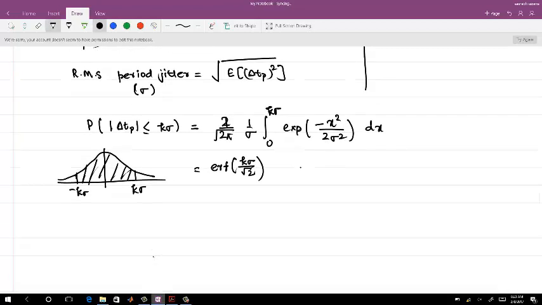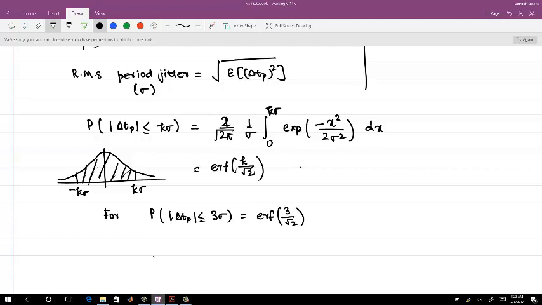So if I say that I want my samples within plus minus 3 sigma, then I will calculate the probability that delta Tp is less than or equal to 3 sigma. This is the error function of k by root 2, so 3 by root 2.